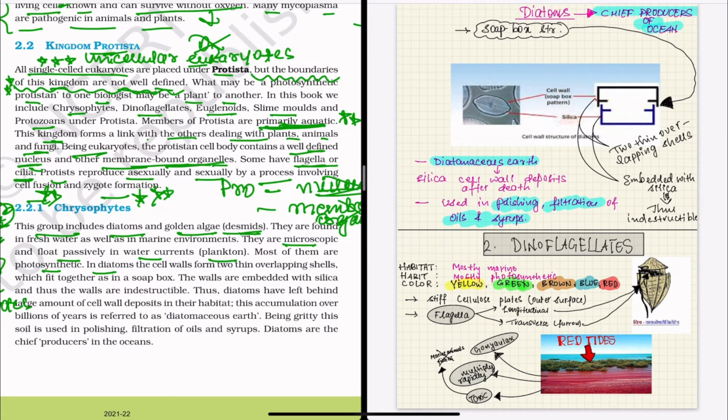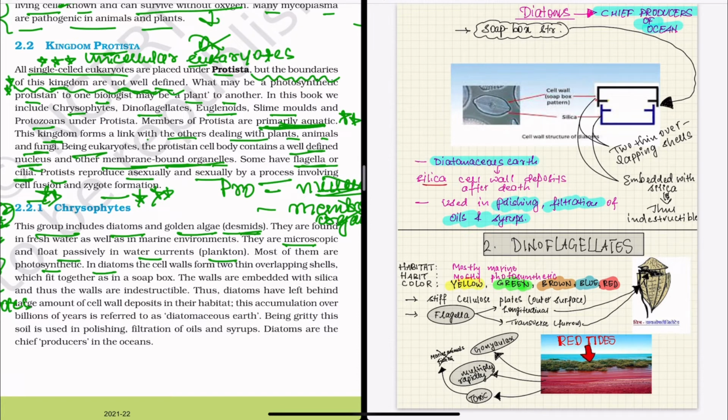One cell overlaps the other cell, and they are embedded with silica and thus indestructible. They are not destroyed easily, and they form silica cell wall deposits after death.